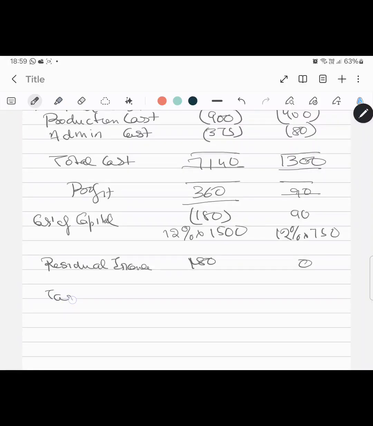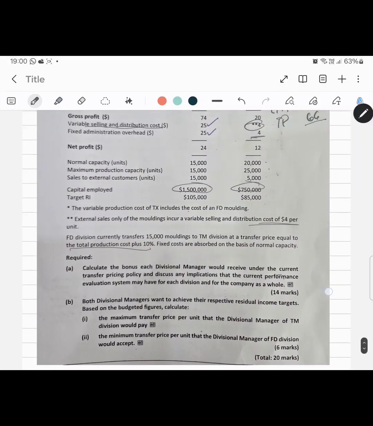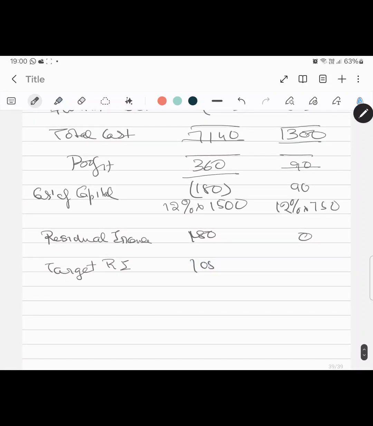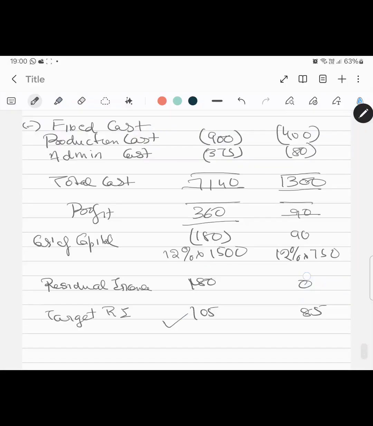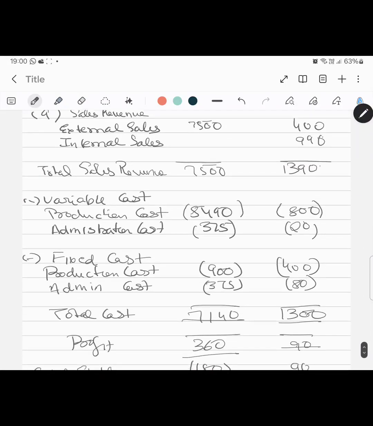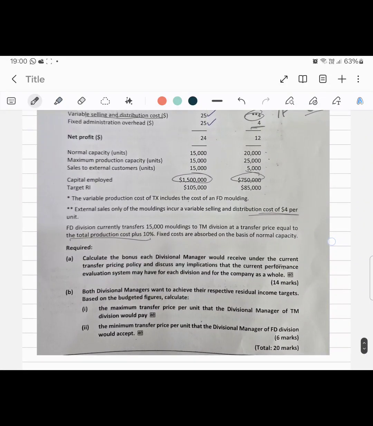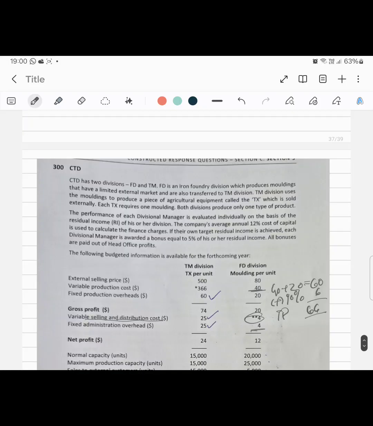So the target residual income was 105 and 85. Here I can see that the target has been achieved. Now if the target has been achieved, how was the bonus to be calculated?